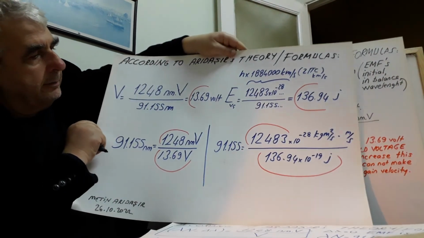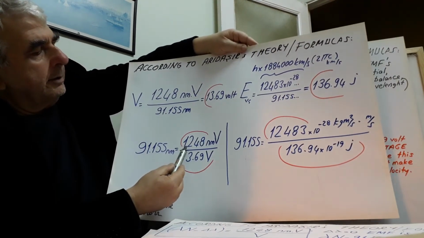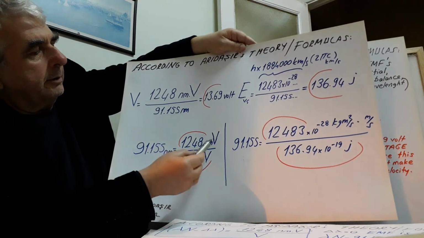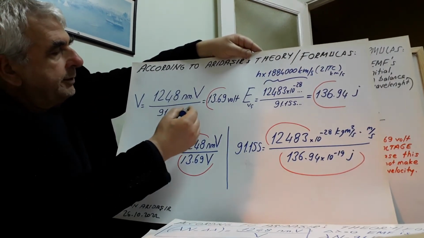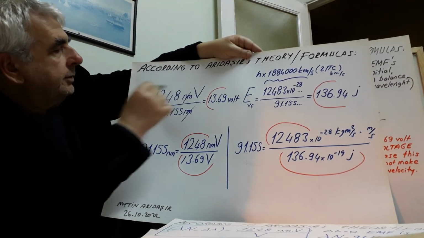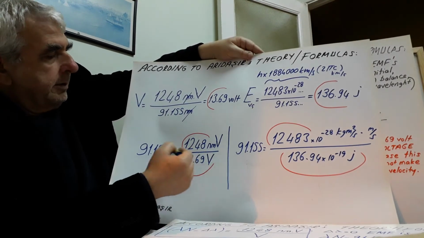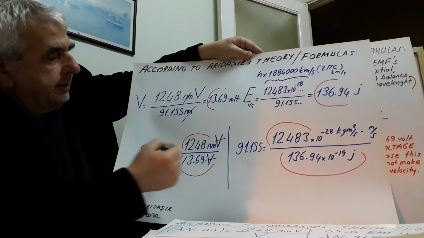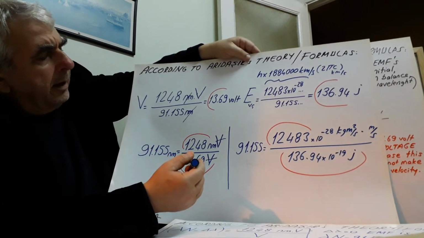Okay? And left side, 1248 nanometer voltage. Okay, and there is coherence because we cancel voltage. Cancel voltage, yeah, nanometer, wavelength. Yes.